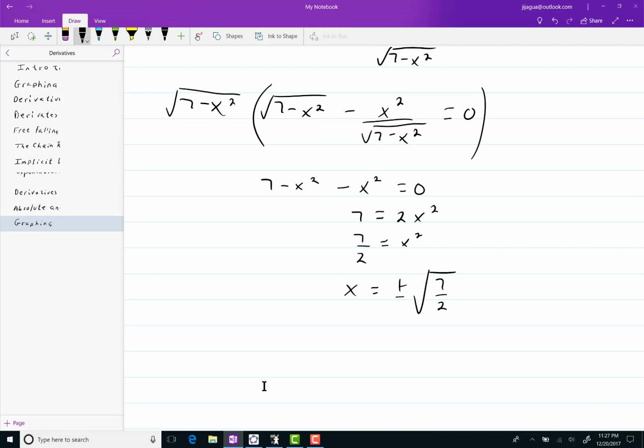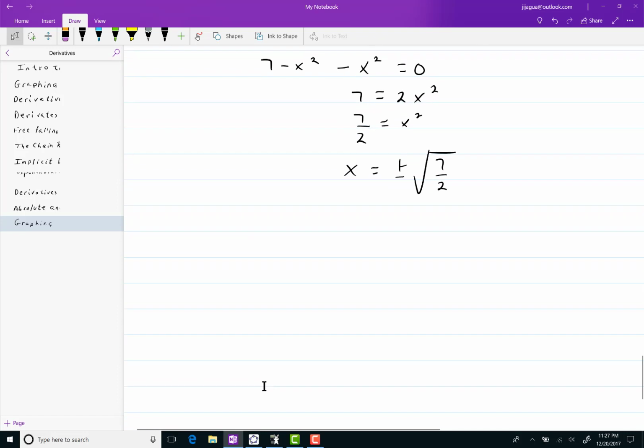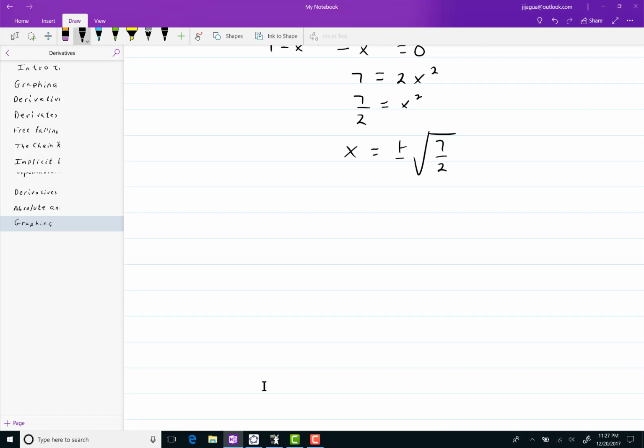So what we want to do is, first find the y values of each of these, because we will be using that as part of our answer. If you remember, this function was x times the square root of 7 minus x squared.